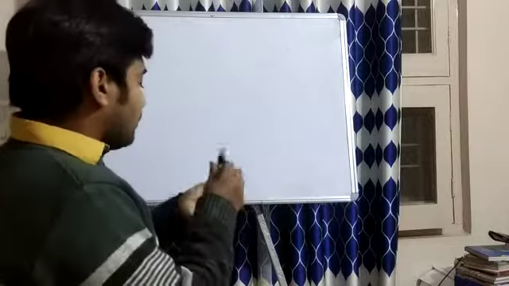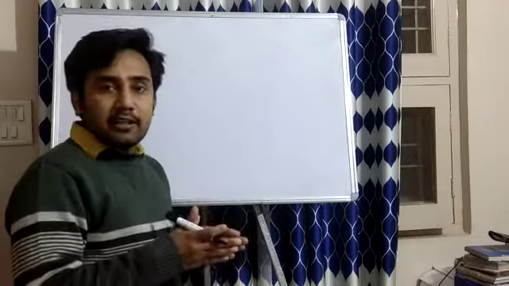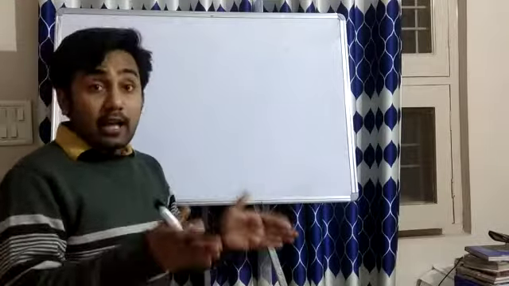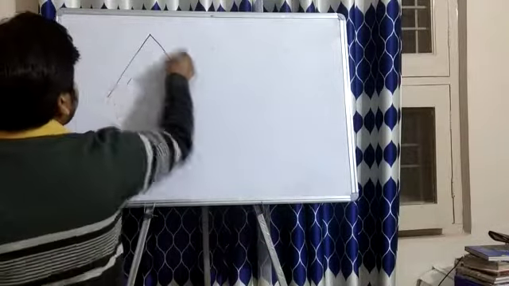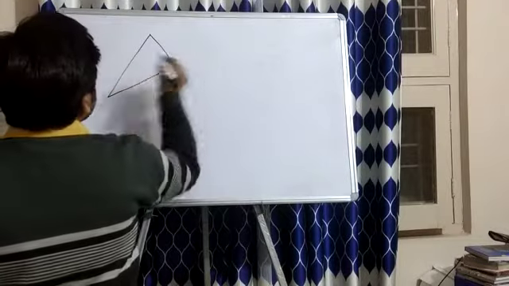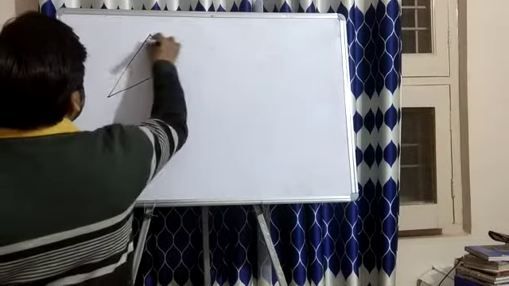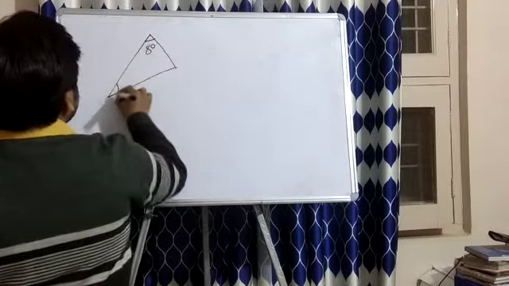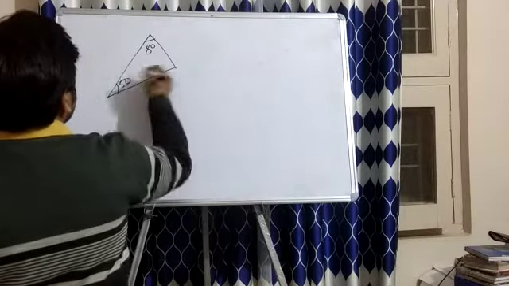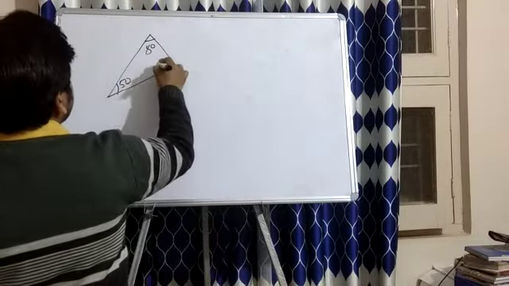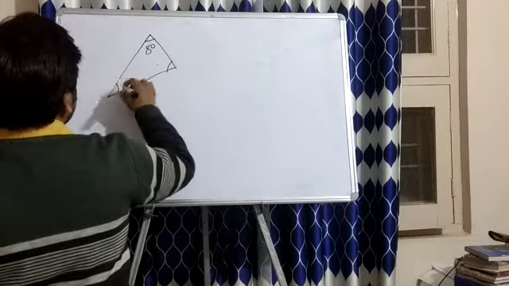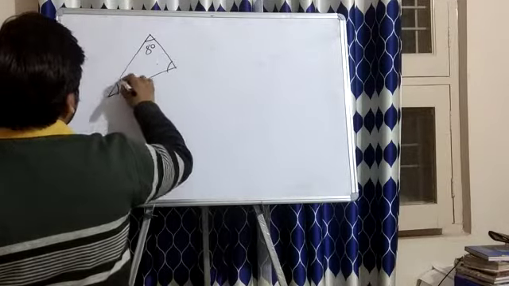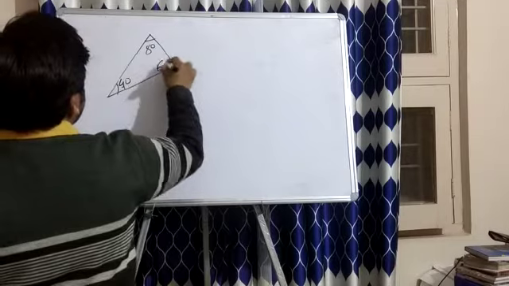Now we already know that two triangles are said to be similar if their corresponding angles are equal. Suppose I have these two triangles, let us say this is 80 degree, this is 50 degree, and what is left is, let's say, 40 degree, and let's say it is 60 degree.